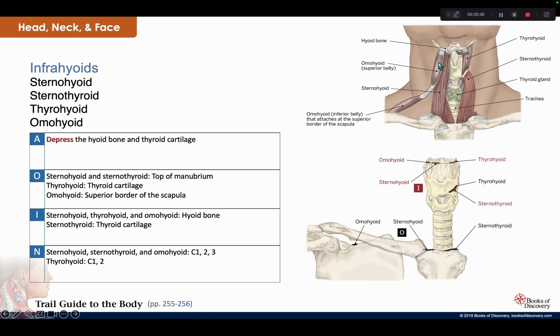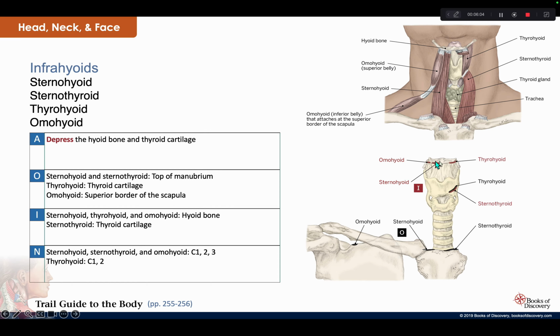These are just really deep muscles, okay? Like I said, we're not really palpating these. All those muscles, except for the sternothyroid, sternothyroid, man, it's a mouthful. All those muscles except the sternothyroid insert onto the actual hyoid bone.